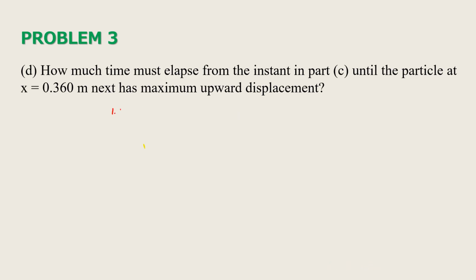So we have 1.125 plus 25t equals n. Or we have 25t is equal to n minus 1.125, and we divide both sides by 25, so we are left with n minus 1.125 divided by 25.